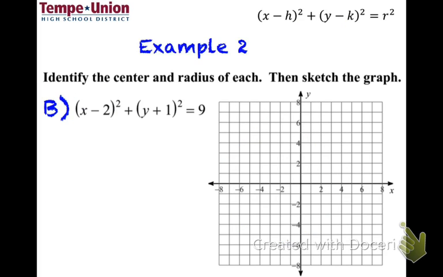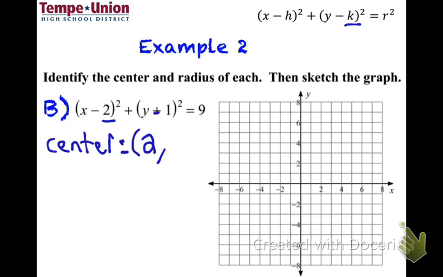All right, let's try another one. So this one, let's try to figure out the center and the radius. Again, notice that whenever it's set up as x minus, that'll already be your coordinate set up. You don't have to change the sign when it's already x minus. So that means the h is going to be 2, and then the k, that one says y plus 1.